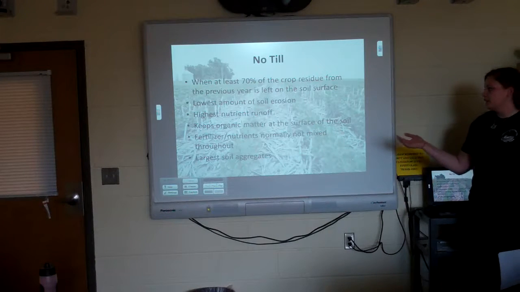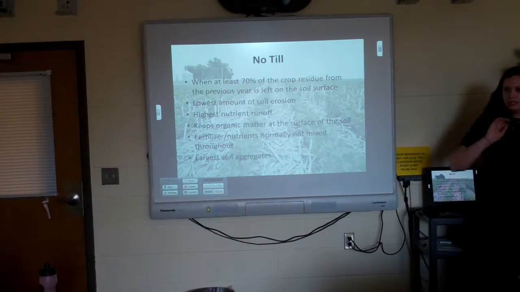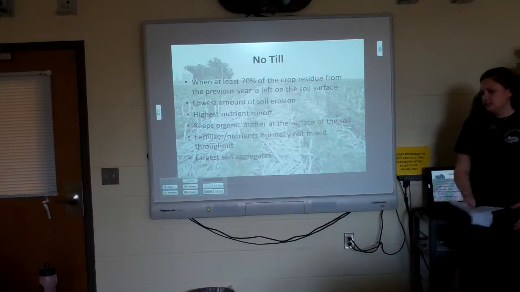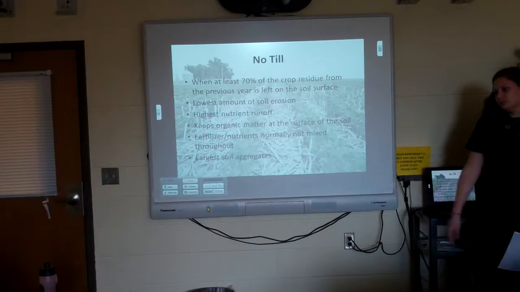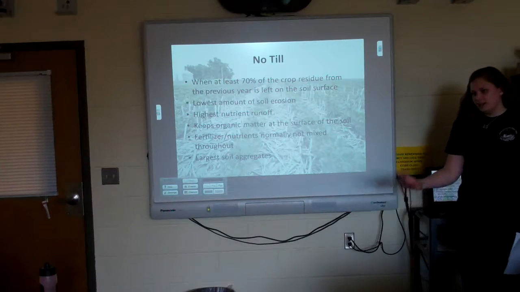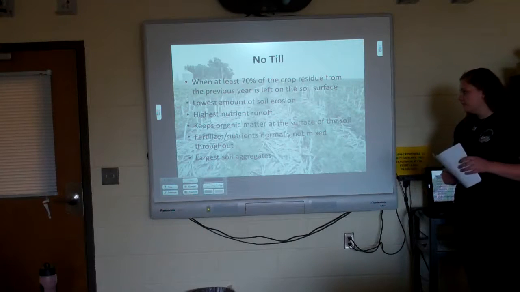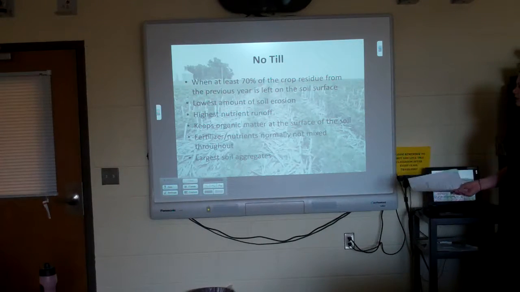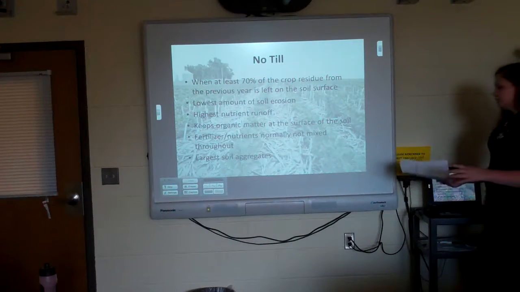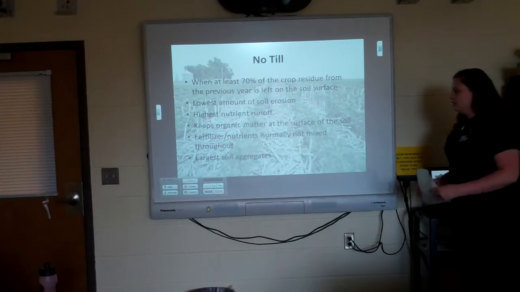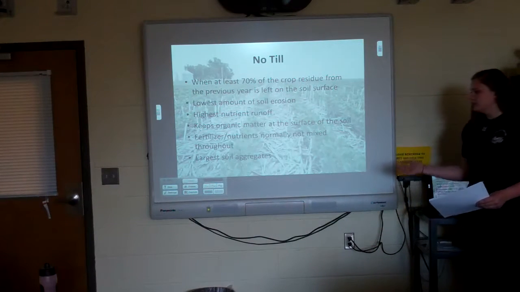Many people will think this has the highest amount of organic matter, and it does if you sample the top inches of the soil, but if you go deeper, it has basically no organic matter. The fertilizer and the nutrients are normally not mixed throughout the soil, and this has the largest soil aggregates.